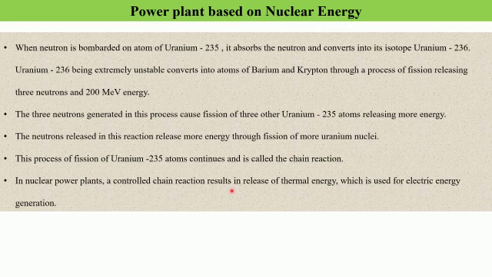So using cadmium rods, we remove extra neutrons and only those many neutrons that are required to continue the reaction and give rise to a desired amount of heat energy are allowed to be there. Extra neutrons are removed with the help of cadmium rods. So the controlled chain reaction is brought about and it releases thermal energy which is used to produce electrical energy.